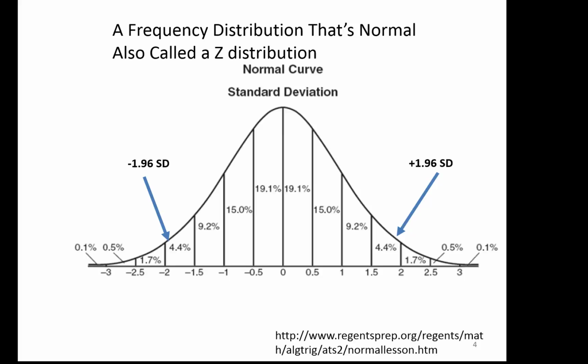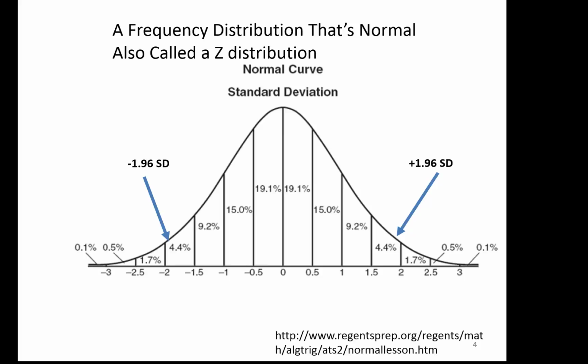Okay, and then on the vertical axis is actually the number of people, or the number of subjects that are in the distribution. Now the numbers can vary depending on how big your sample is, but if it's a normal distribution, 19% are in between 0 and half a standard deviation, either above or below the mean. So that's how that works.